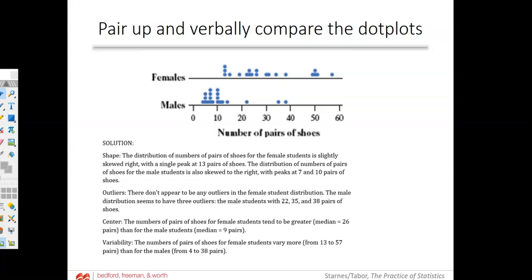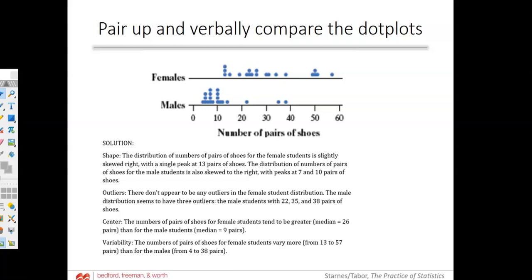Center. So in this case we're comparing the center. If you thought median should be the easier one of the two to find, let's just kind of ballpark it. The median of the male data is around 9 or 10 pairs of shoes. The median of the female data is definitely larger than the male, the number of shoes that the male has.